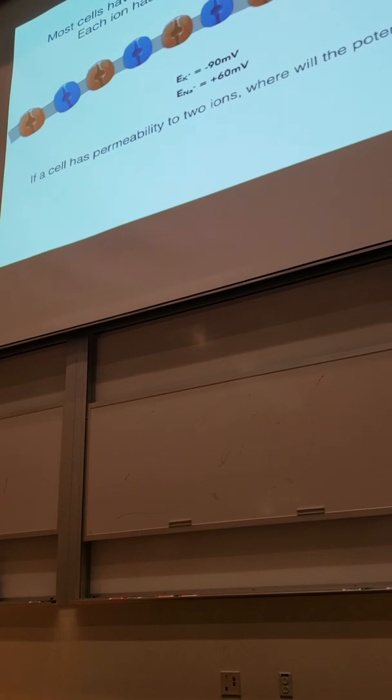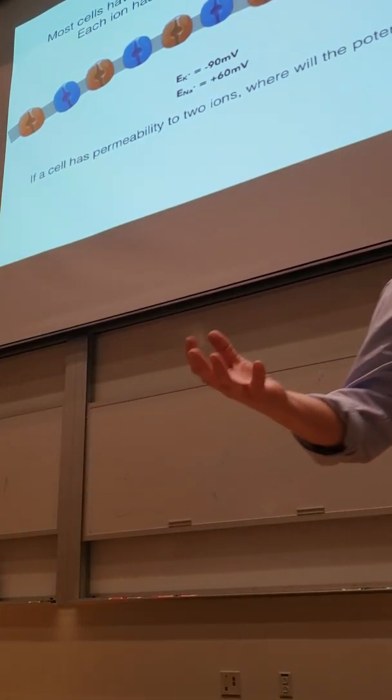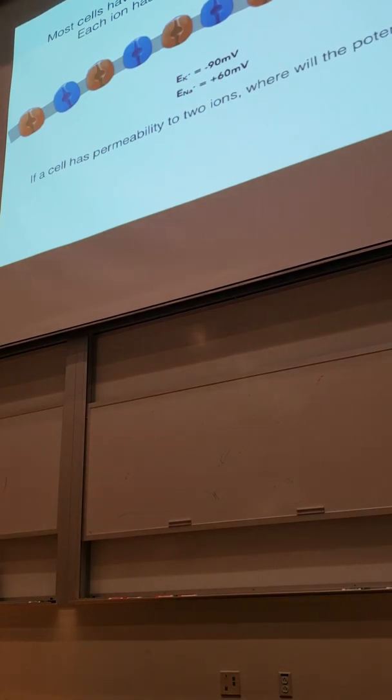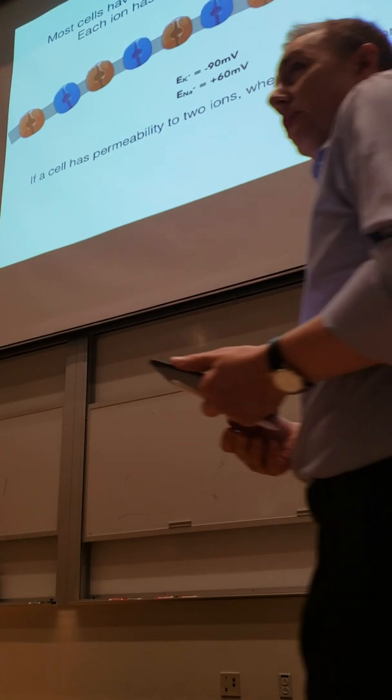All right, so most cells, however, are not made up of one type of leak channel for one ion. They are made up of a combination of things. So let's just add one other component. We've got potassium leak channels, and let's say in addition to that we have sodium leak channels.